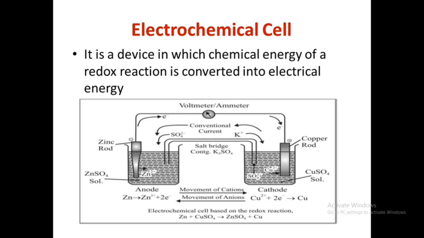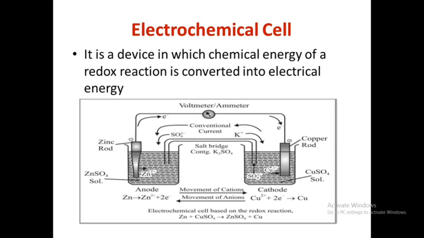And when the temperature is standard, that means 298 Kelvin, and the pressure is 1 bar, then the electrode potential which is developed within the half cell is known as standard electrode potential.